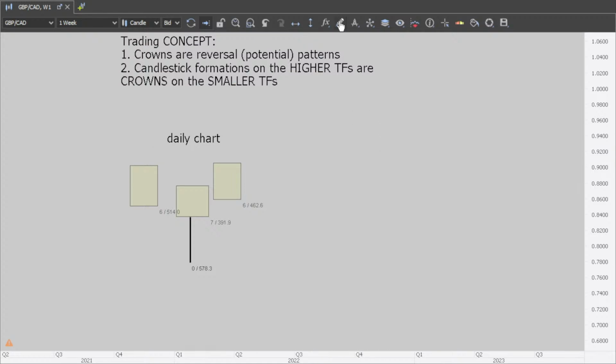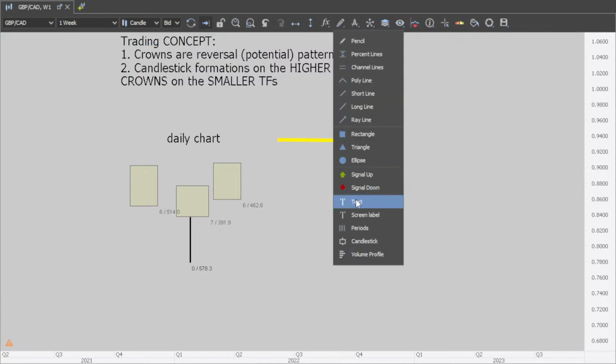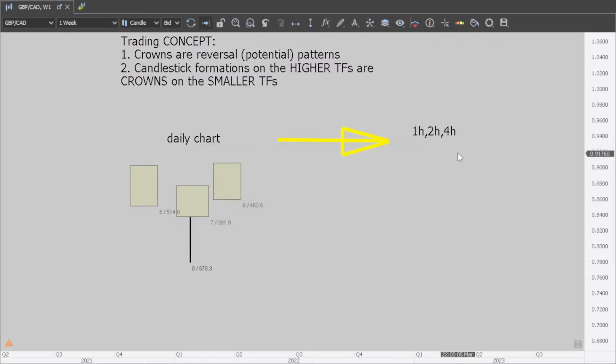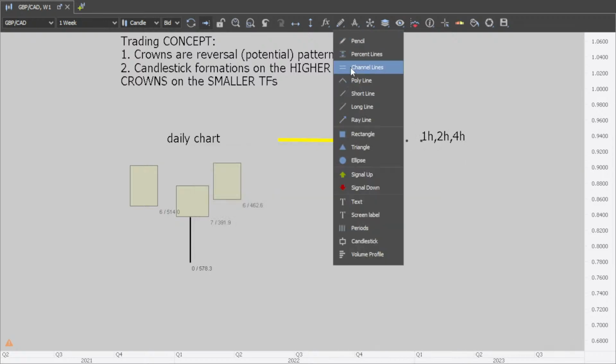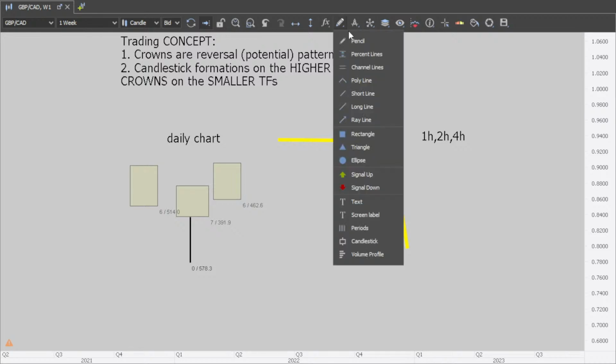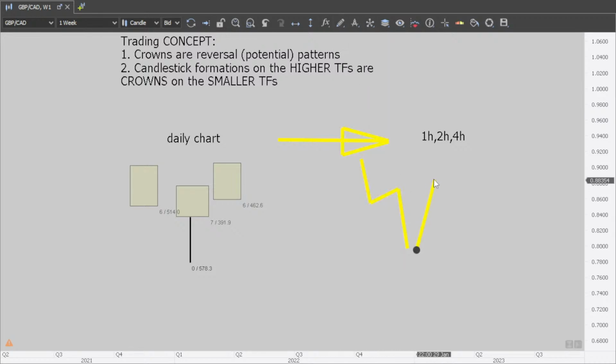So on the 1 hour chart, 2 hour chart, 4 hour chart, let's write this down, everybody. You are going to spot the left side is going to be something like this, and on the right side you are going to see something like that. And if you join the pieces, everybody, you are going to see a crown.